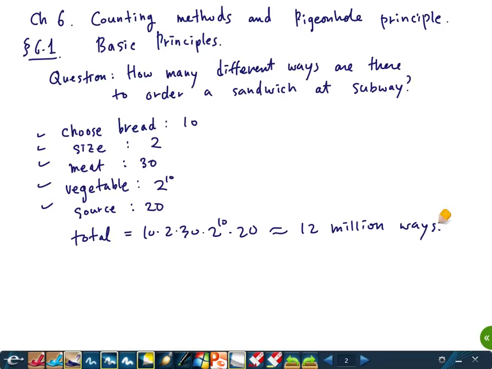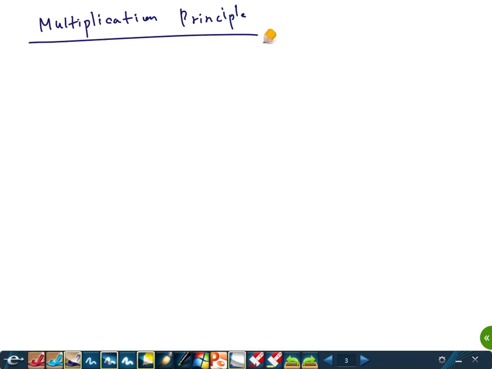So let me state the principle, but I think it's not really necessary to write this down, but let me do this. You basically know multiplication, like I did. You somehow know this, although you may not have noticed that it's called the multiplication principle because it's too simple.